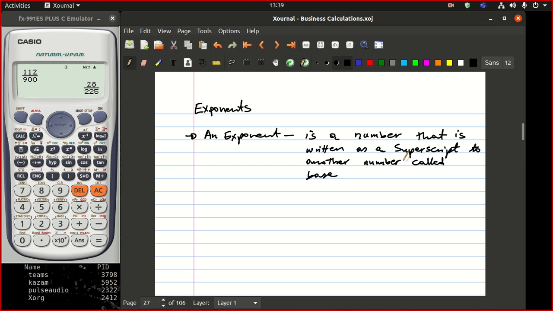Now, what does an exponent actually tell us? This is one of the things that are actually important, I have to write it down.